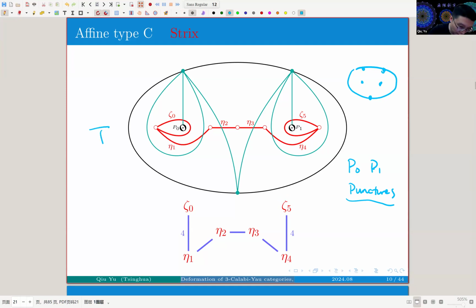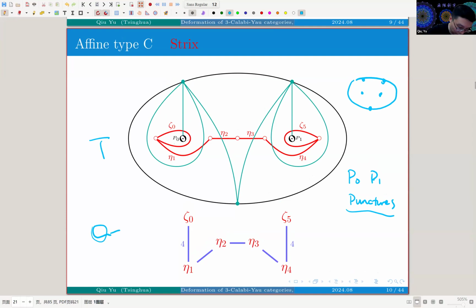Here we have a triangulation T, and here we have the quiver associated to it. If two arcs intersect at an endpoint, they are connected by an edge in the quiver, although we haven't drawn the orientation at the moment.